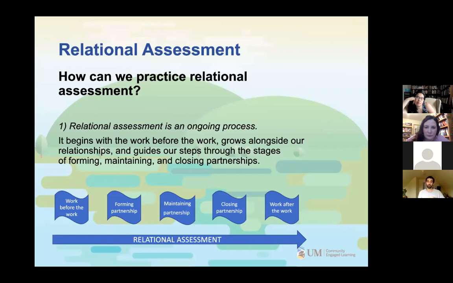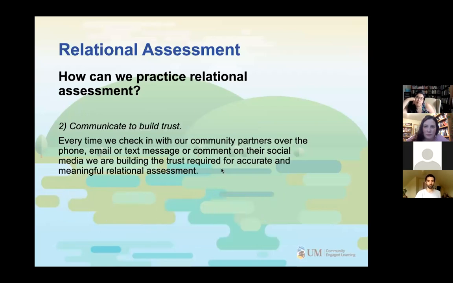It begins with the work before the work, it grows along with the relationship when we're forming the partnership, and it goes through maintaining and closing the partnership, and it continues after the partnership is done, because a relationship doesn't end with a partnership. It goes beyond that. So it's a process that is always happening.